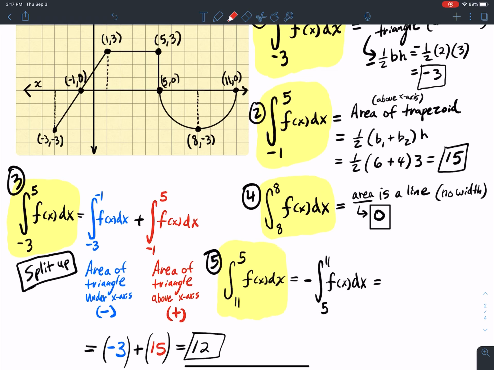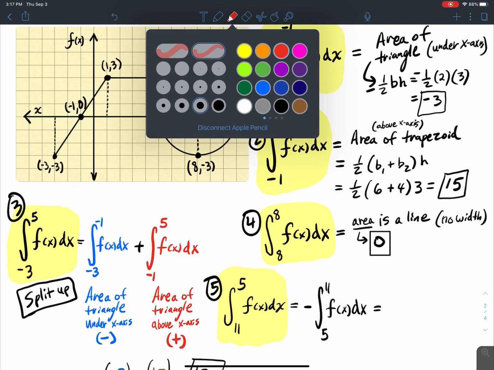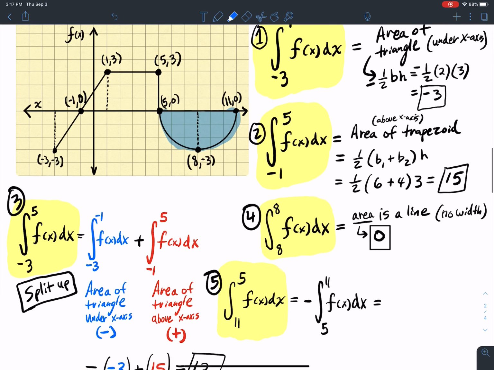And so whenever I do this, now I need to find the area from x equals 5 to x equals 11. Well, I'm going to use blue here because this area is below the x-axis. So that means I know it's going to be negative, right? But there's a little trick going on here. So this is a semicircle.